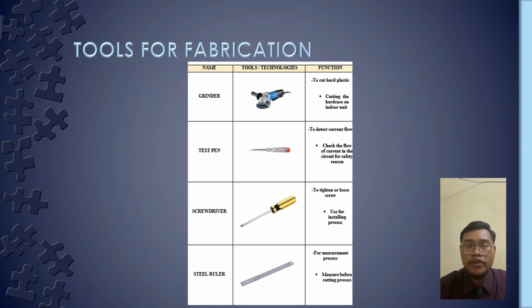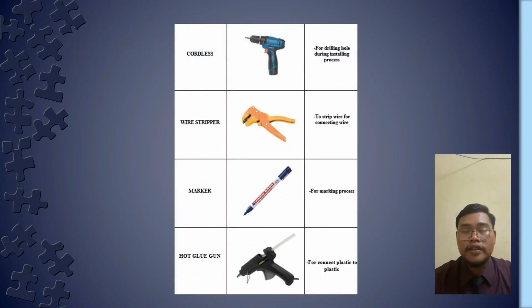We also have a screwdriver to tighten or loosen screws during installing the split unit, and a steel ruler for the measurement process. Next, we have a cordless drill for drilling holes during the installing process. And we have a wire stripper to strip wire for connecting wire, a marker for the marking process, and a hot glue gun to connect plastic to plastic.